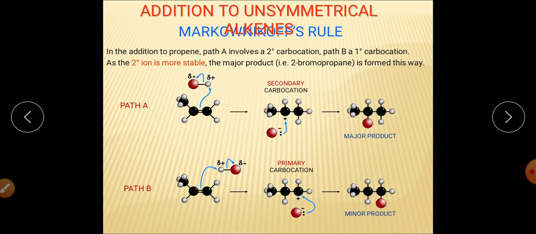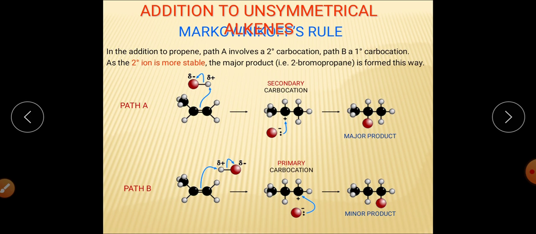So when this double bond attacks the H positive, you have a choice: this carbocation can be synthesized, and this is a secondary carbocation, or this carbocation can be synthesized, and this is a primary carbocation. You know that a secondary carbocation is more stable than a primary carbocation, so the reaction will proceed with the more stable carbocation, right?